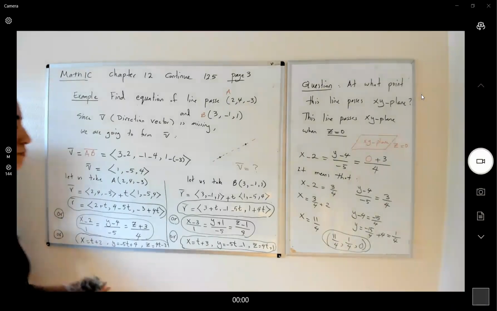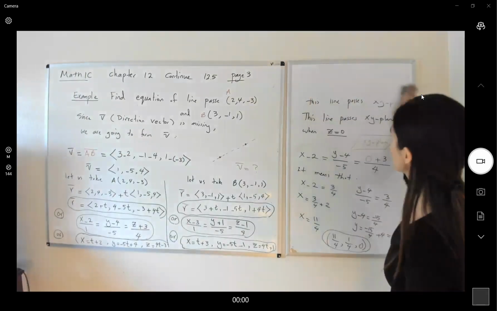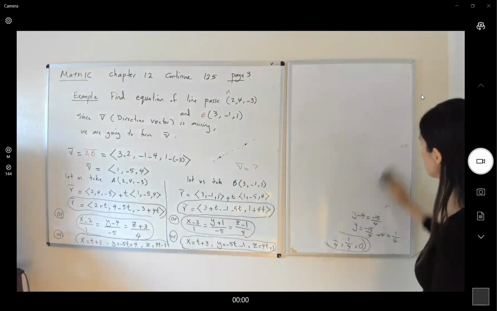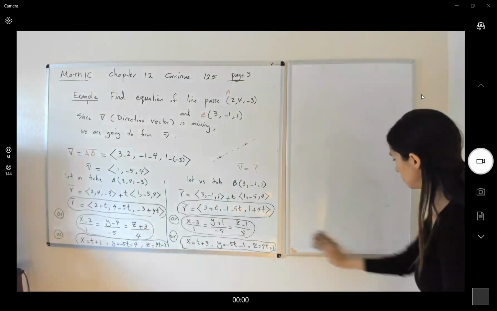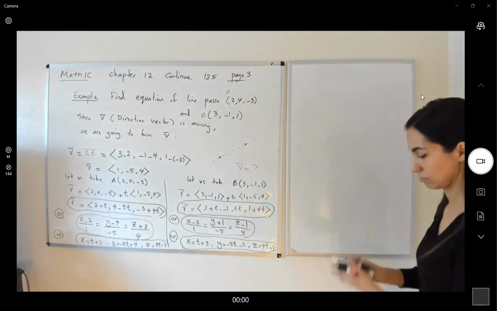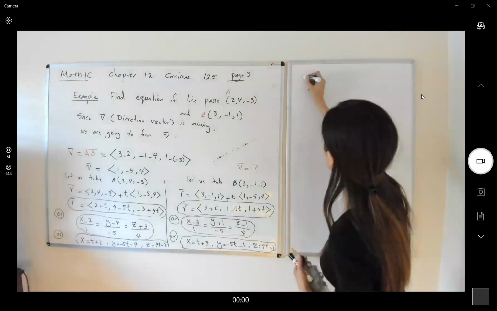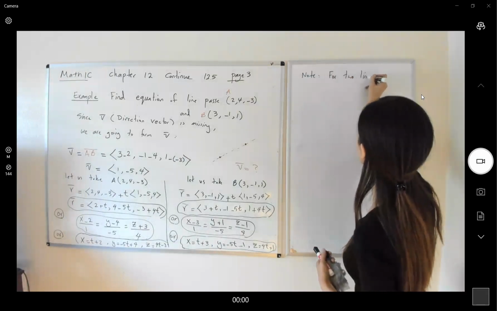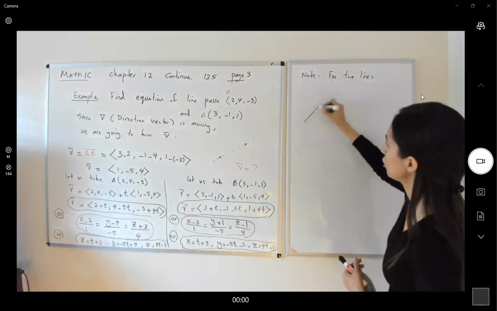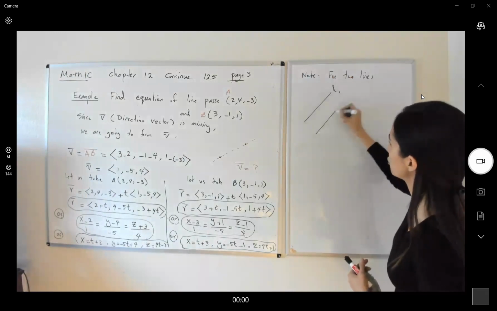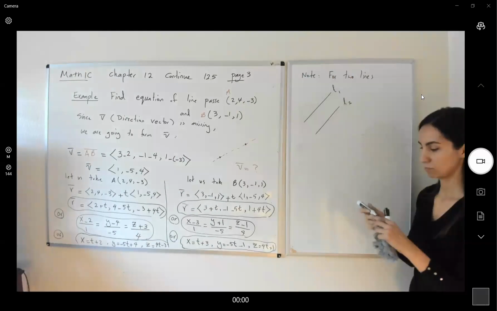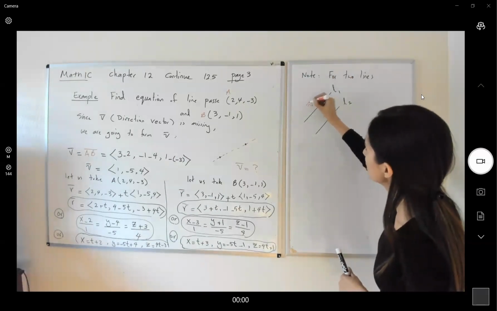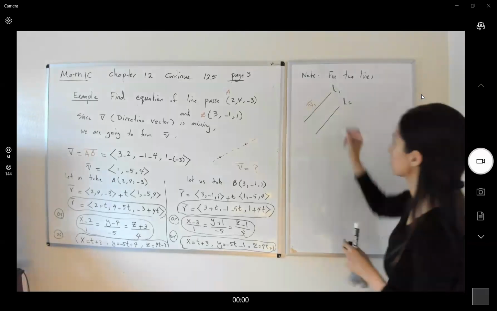Very well. So let us talk about parallel, perpendicular, and skew lines. So note that for two lines, L1 and L2, suppose L1 has directional vector V1 and L2 has directional vector V2.